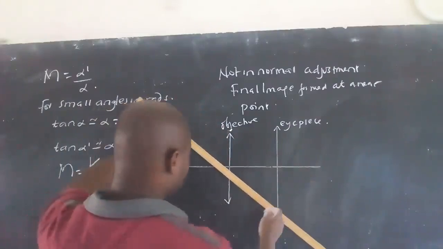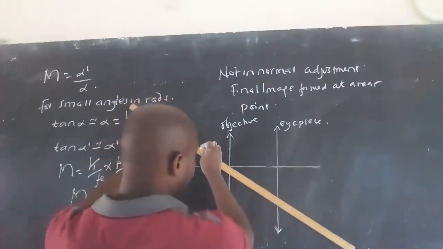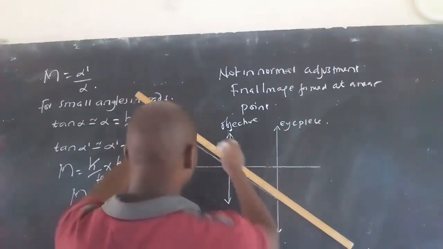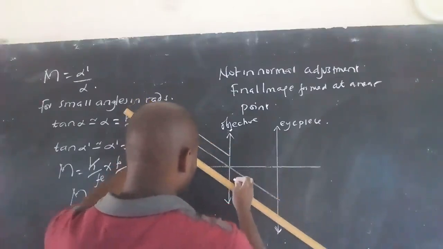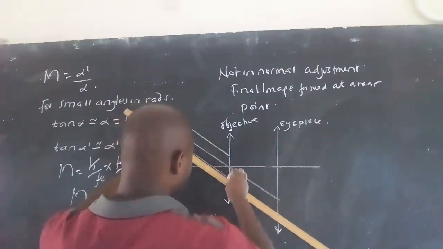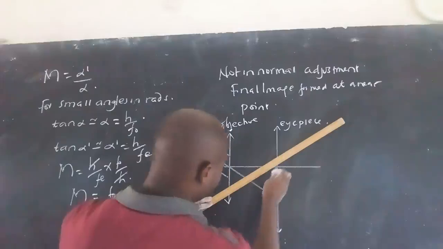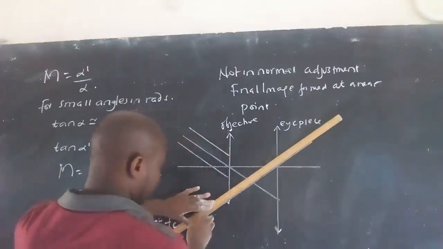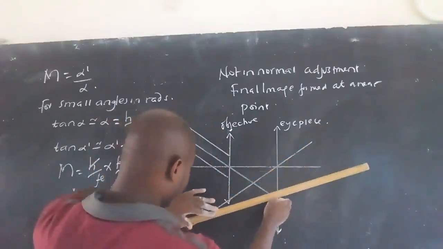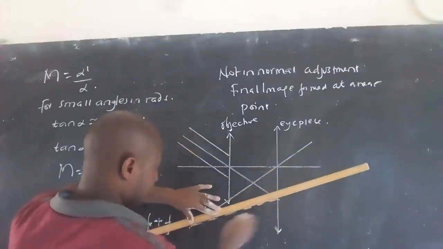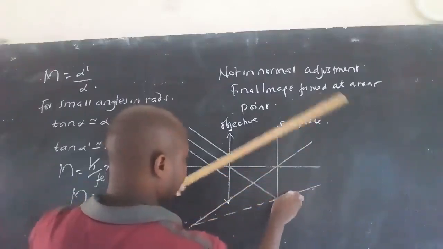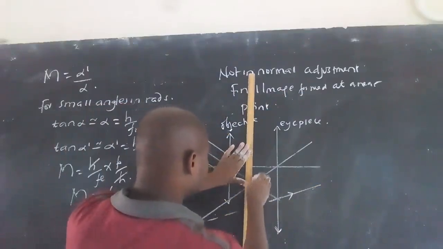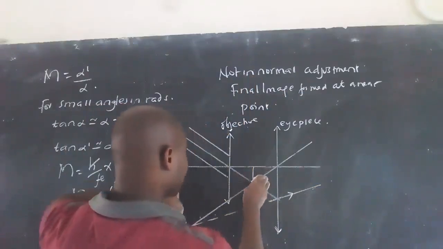Then we shall draw. We shall start with this. Another perpendicular line is here. Let me say the image is formed here. Then this one is the image of a distant object formed by the objective.